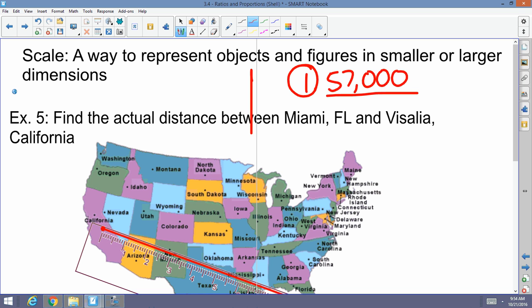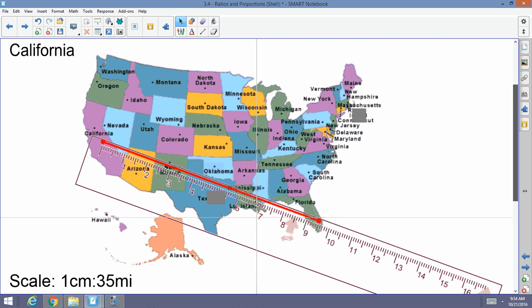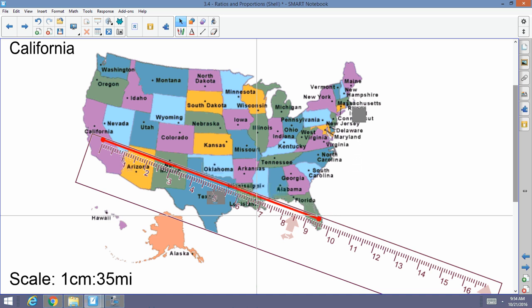Now, I know you guys work with GPS, but I need you to understand how that GPS works. Back in my day, I used to have something called a key or a legend on a map. They still exist.